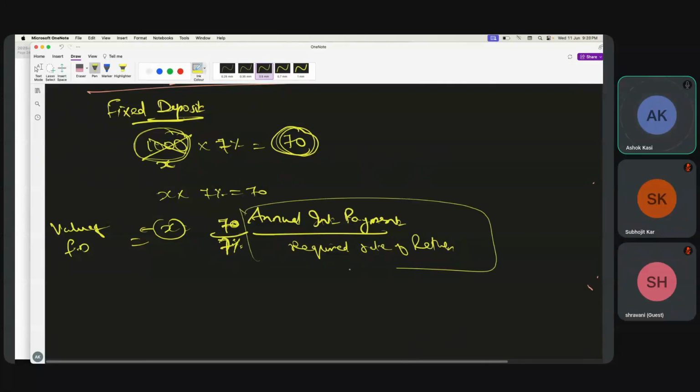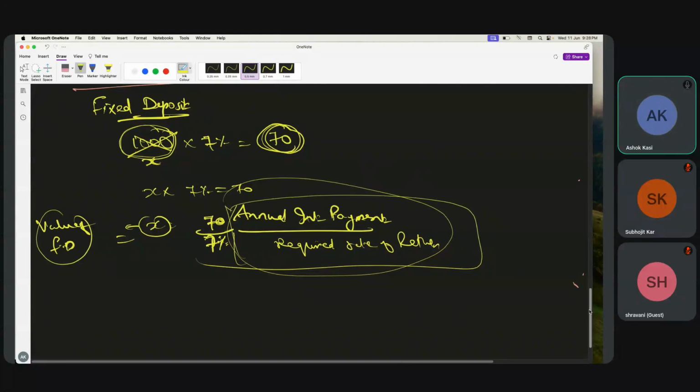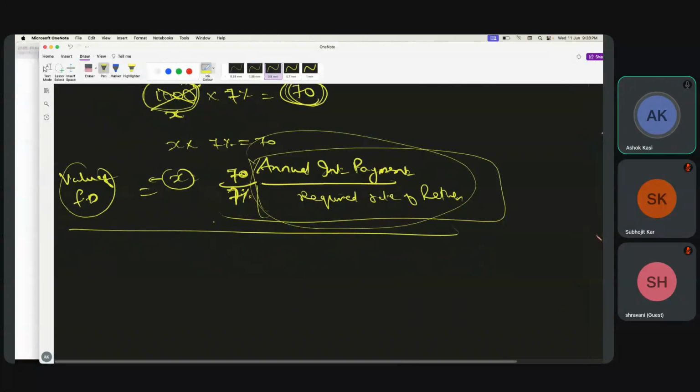Something which is paying you 7% every year in perpetuity, this is how you will calculate it: annual interest payment divided by required rate of return. Same logic. Similarly, the value of a preferred stock is perpetual, it will keep paying you, so it is annual dividend divided by R, the required return.